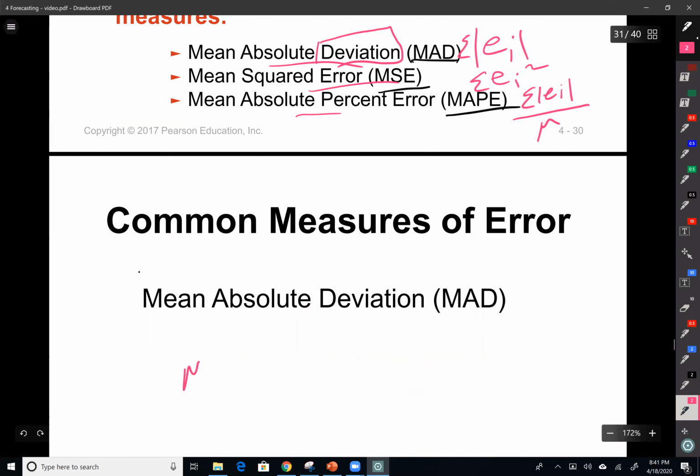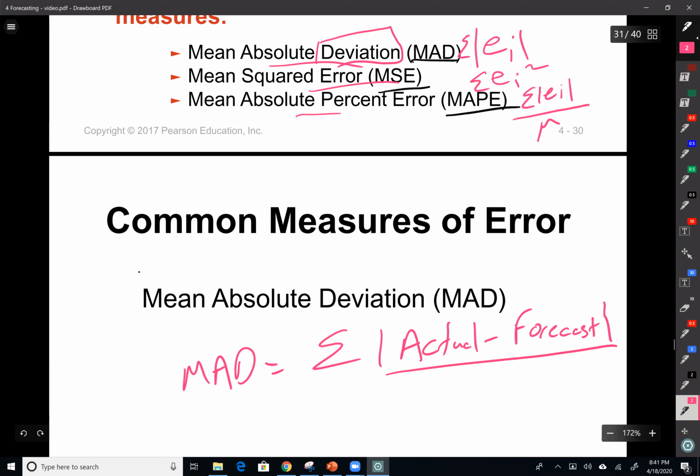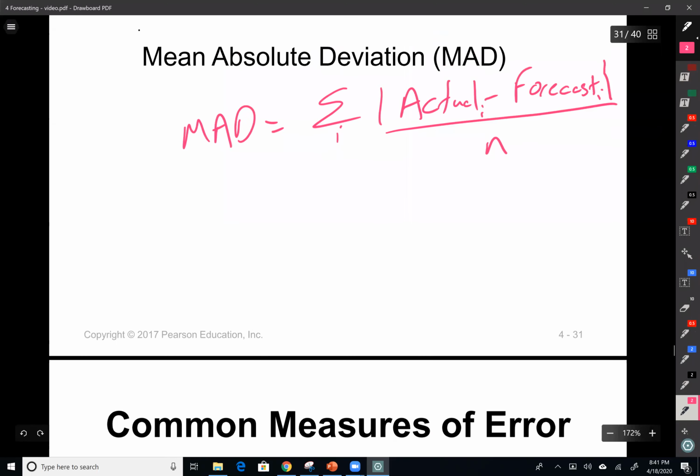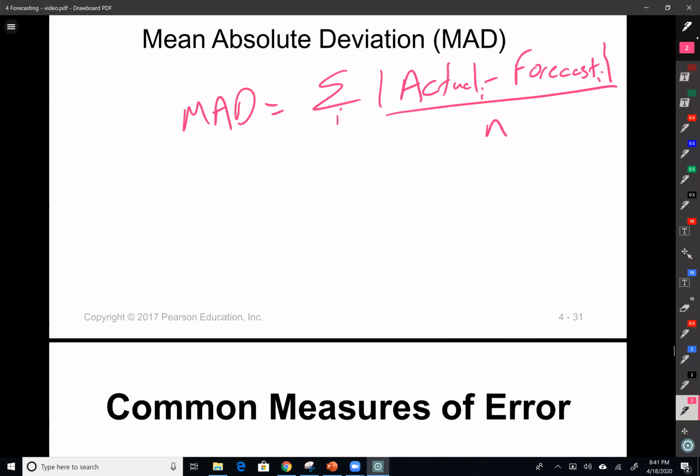Again, MAD is adding all your actual minus forecast values and then divide by n. So if I want to make it more specific, period i, actual i, forecast i, and you divide by n. And for mean squared error, MSE, basically you add up all the forecast errors, which is actually given at the top, actual minus forecast.